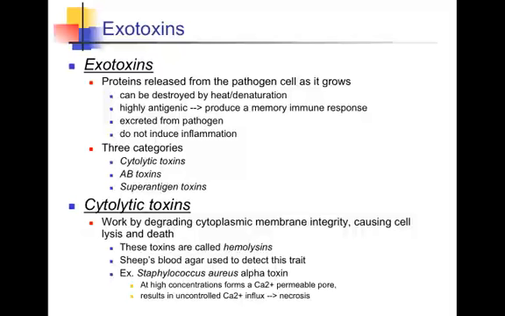Oftentimes they coalesce to form pores in blood cells and cause those red blood cells to lyse. So these are proteins that essentially affect cytoplasmic membrane integrity that result in cell lysis and death, and those cells could be red blood cells, they could be other cells associated with other tissue types. Oftentimes the lysis is induced by creating a pore that allows relatively unregulated movement of calcium ions through that pore, resulting in osmotic stress within the host cell and eventually cell lysis.